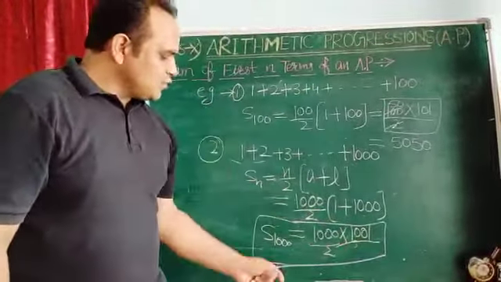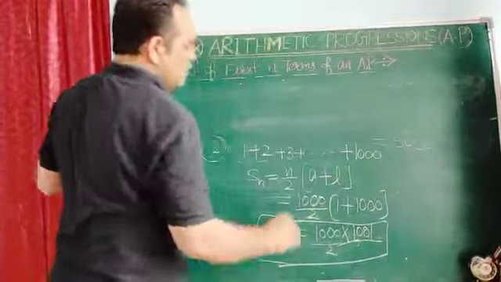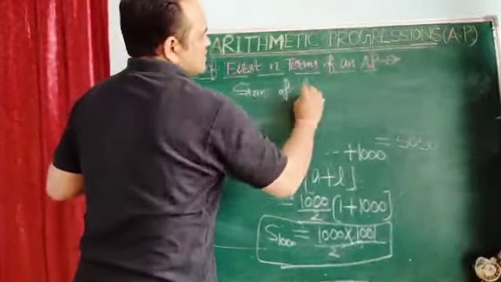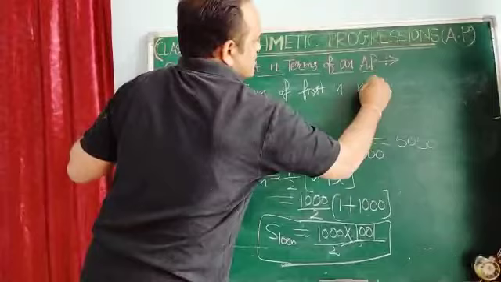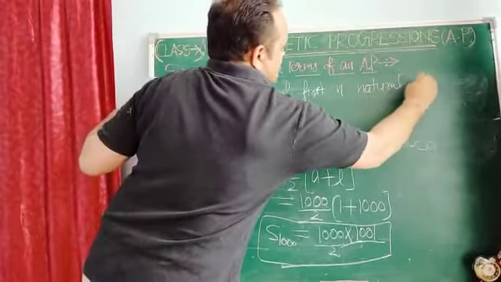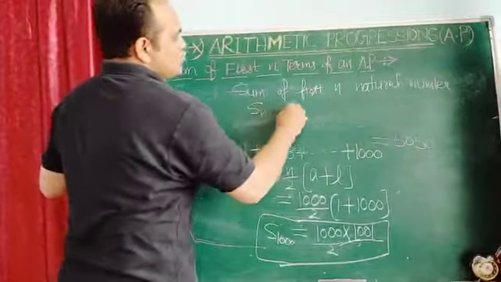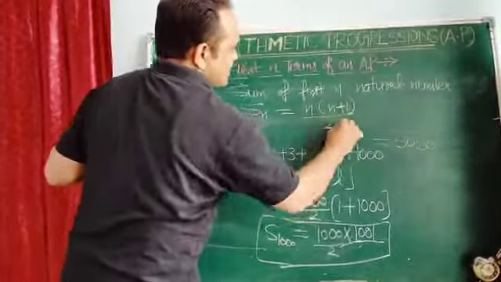So if we have to generalize this, after this I can write one formula that is called the sum of first n natural numbers, and this formula is Sn is equal to n into (n plus 1) whole divided by 2.